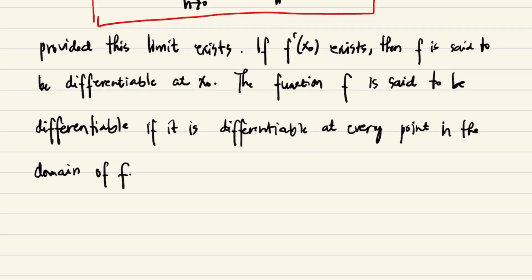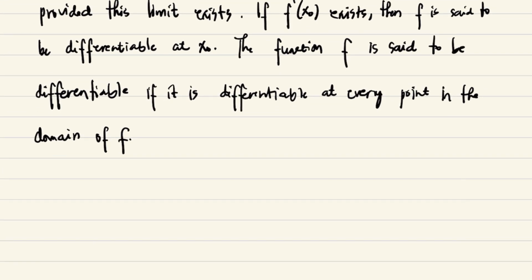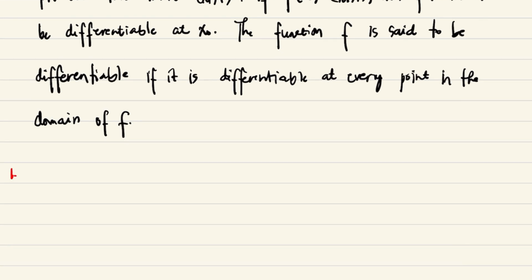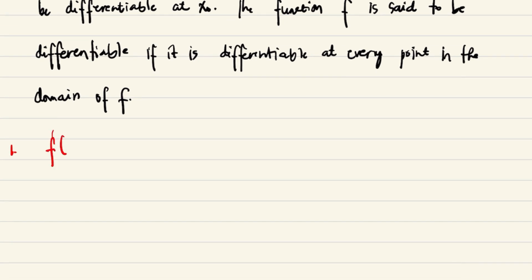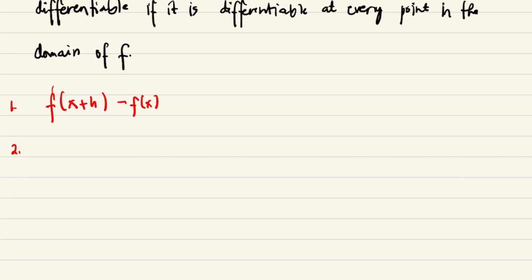So with this definition, we now have the three-step rule for taking the derivative of a function. The first step is you simplify f of x plus h minus f of x. The second step is you divide this f of x plus h minus f of x by h, so we have to simplify this expression, provided h is not 0.